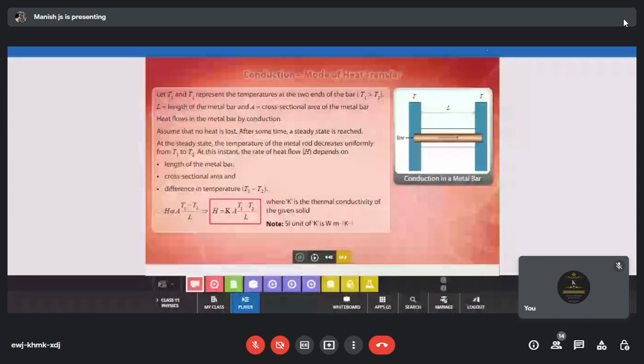Mercury has a very high coefficient of expansion. It's a thermometric liquid, so it is a good conductor. Different ideas, and the heat transfer is high.